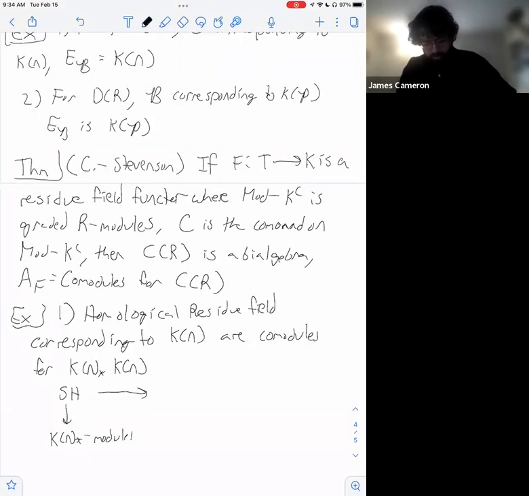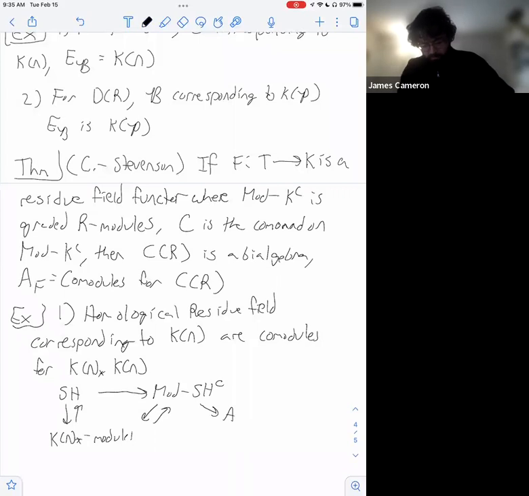So then you have this map to the modules for this SH, and then this is mapping down to the homological residue field.